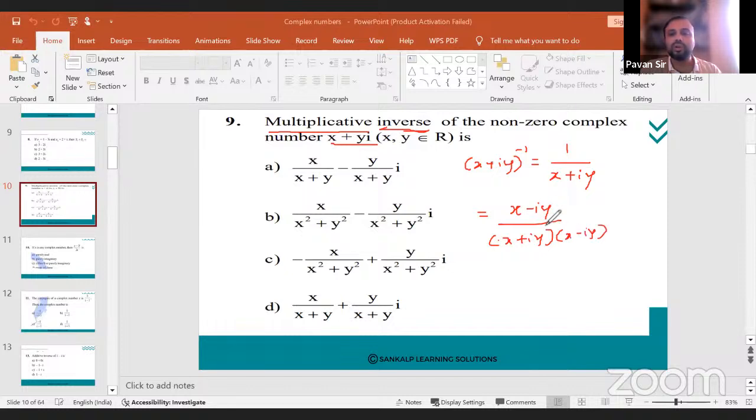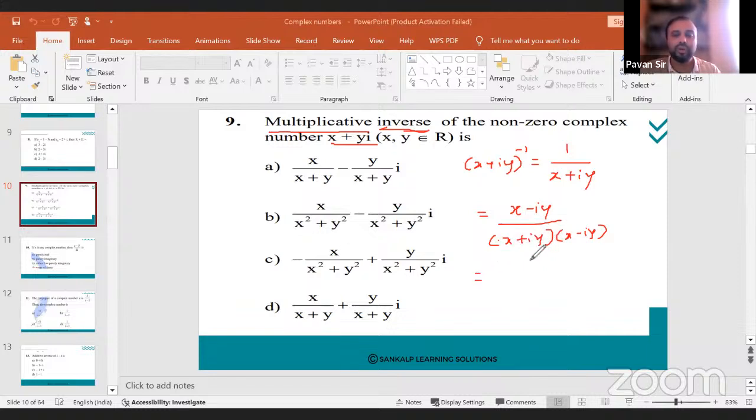Multiplying the conjugate of the denominator, multiplying and dividing by the same will not affect the given expression. Here x plus iy is kept as it is, x minus iy I kept in the numerator and denominator also. Now try to solve this.